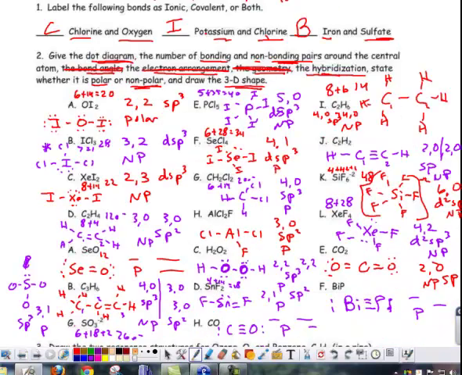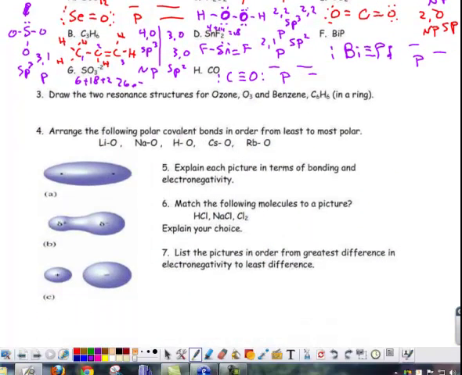All right, so back to the review here. Now some questions. Draw 2 resonance structures of ozone and benzene. So ozone, O3, gives us 18 electrons. You finish the octet, and remember, you end up with that structure. So we have to fix that structure because the oxygen in the middle does not have its octet. So we take a non-bonding pair from an outer atom and we make it a bonding pair.